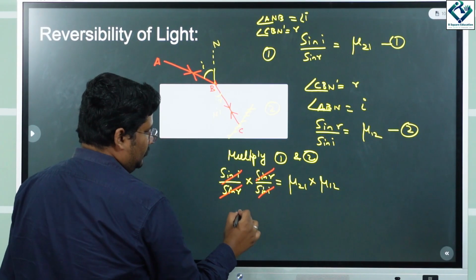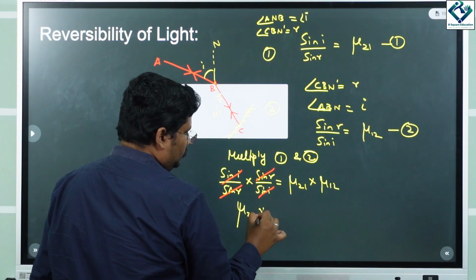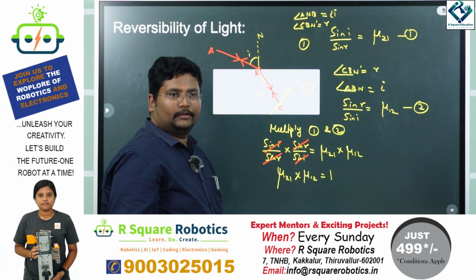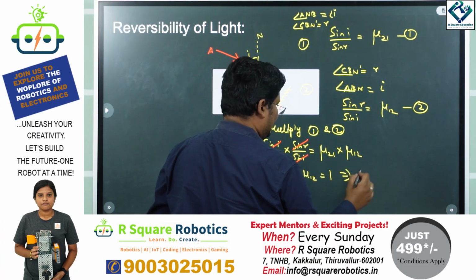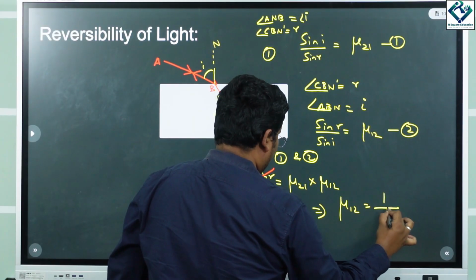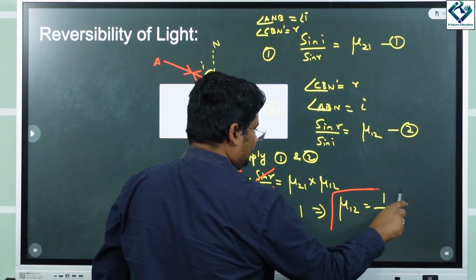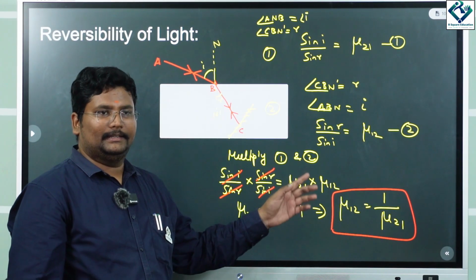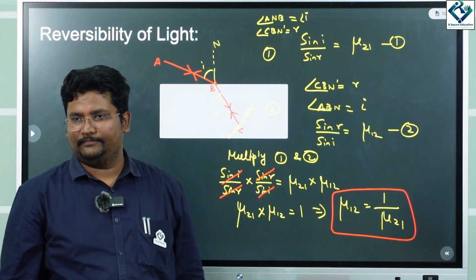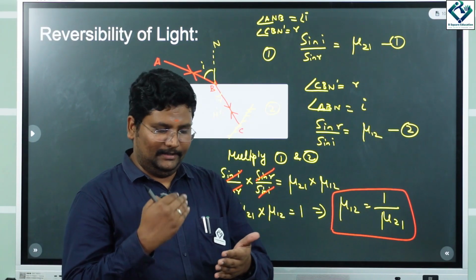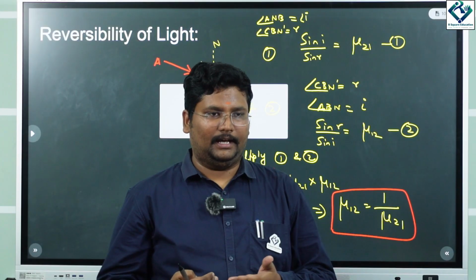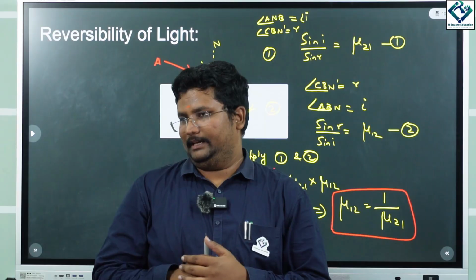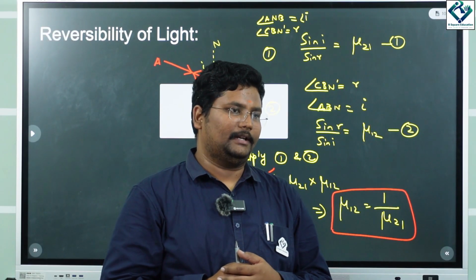So what you will get now? μ21 into μ12 is equal to 1. So can I take μ12 is equal to 1 by μ21? Yes. So according to reversibility, the refractive indices are just reciprocals. So from this we can say that the value for the first medium with respect to the second medium is the reciprocal of the second medium with respect to the first medium. This is called reversibility of light.